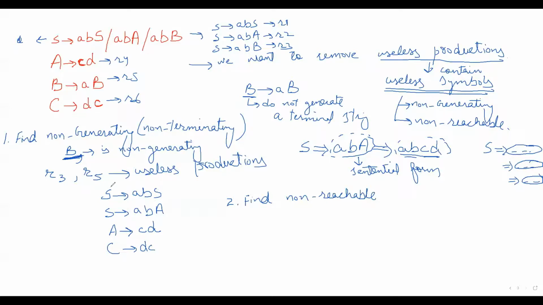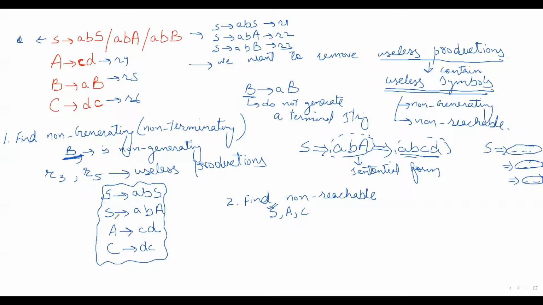Now we have these rules, and from these rules we have to see which are non-reachable symbols. Non-reachable means the symbol that cannot be reached from the start symbol. How many variables are there? S, A, and C. S is reachable because it is the start symbol, reachable from itself.